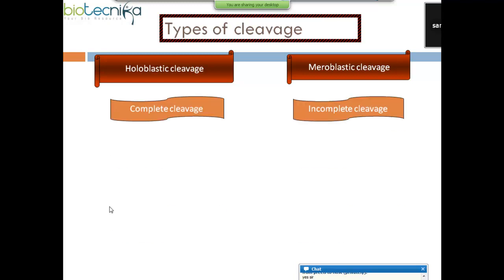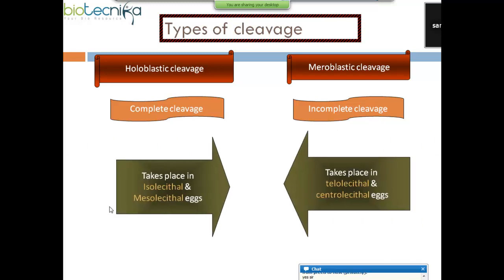Holoblastic is a complete cleavage, just like cutting a fruit into 2 pieces. Meroblastic is an incomplete cleavage. Remember this: complete cleavage takes place in isolecithal and mesolecithal, whereas incomplete cleavage takes place in telolecithal and centrolecithal.